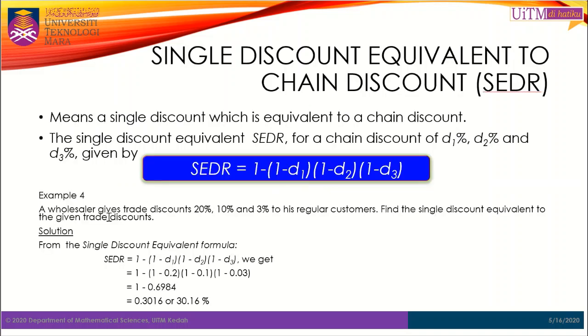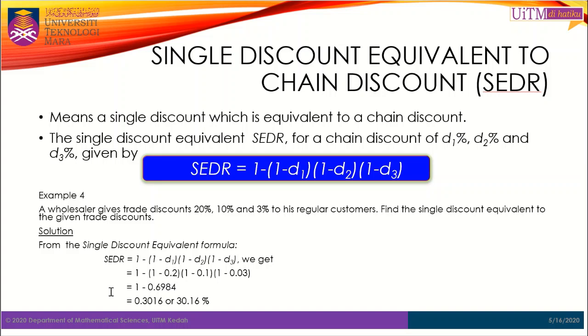So how do you find the SEDR? For example, a wholesaler gives trade discounts of 20%, 10%, and 3% to his regular customer. You have to find the single discount equivalent rate. Using the SEDR formula and substituting D1, D2, and D3 as 20%, 10%, and 3% respectively, you find that the single equivalent discount rate is 0.3016, or 30.16%.